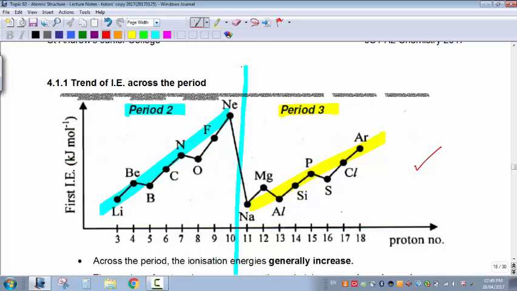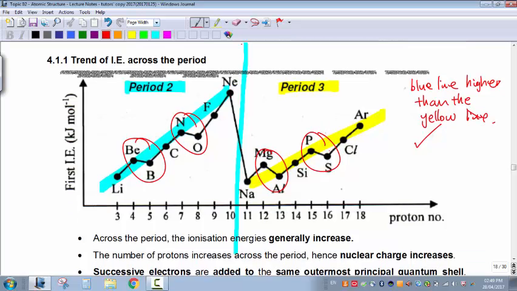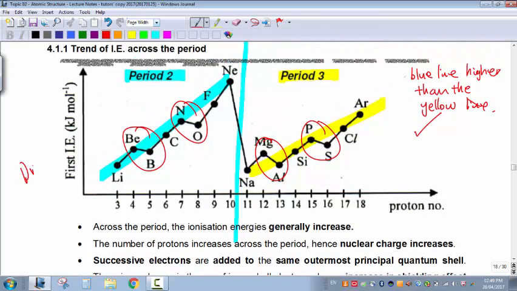But you realize that the blue curve is higher than the yellow line. Second thing, you realize that there's always an anomaly. Down here, there's some decrease before it increases in general. So these are things we need to learn. You need to draw and sketch the graph and explain.